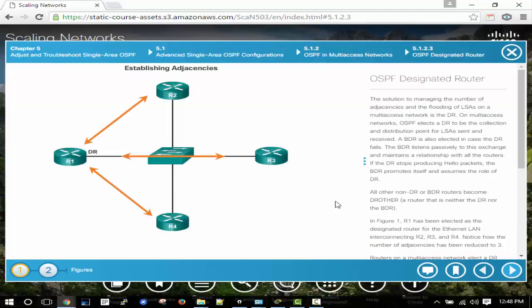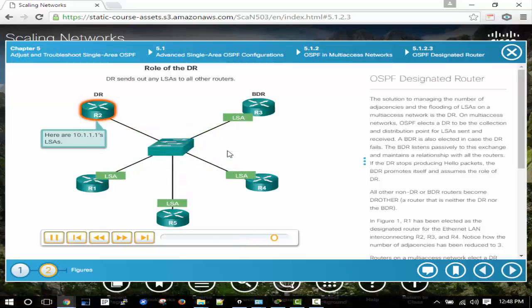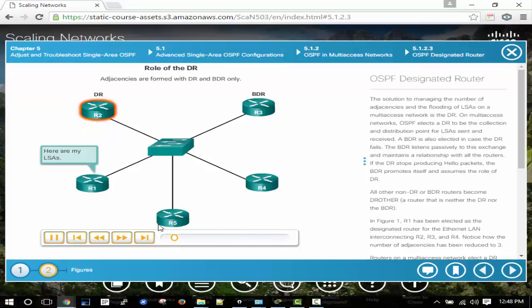So, establishing adjacencies. When we're on a multi-access network, we form adjacencies, and how do we do it? All these routers flood their LSAs, and a DR and a BDR are selected. Then when there's a change, this router says, here's an LSA, and if you noticed, it went to the DR and the BDR, which is the backup.